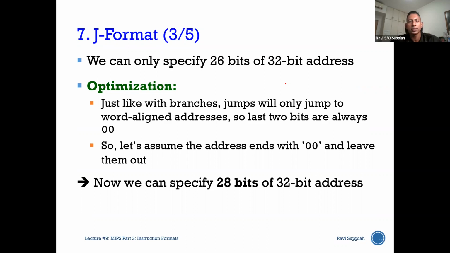The first thing is we know that the ending 2 bits will always be 00, because we have to make it word aligned. So the last 2 bits will always be 0. That means 26 plus 2 gives 28, so I already have 28 bits right now.